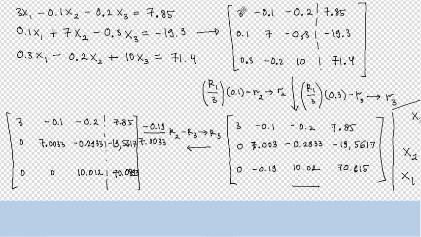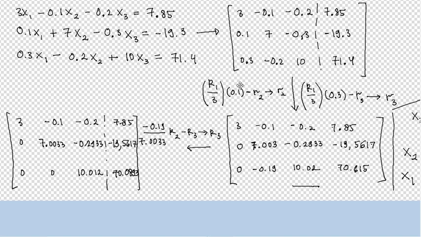How to do that? I have to change this 0.1, 0.3 and minus 0.2 to become 0. We have to change this first column, 0.1 and 0.3, into 0. How to do that? We do this operation.